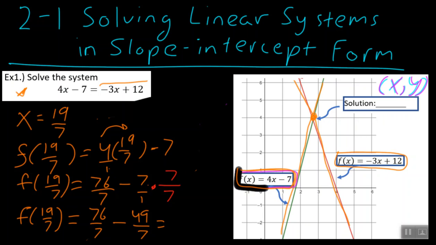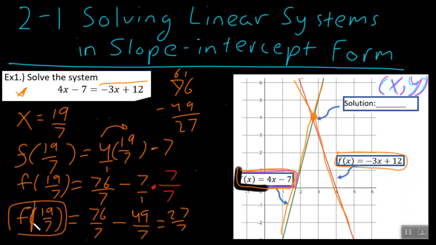And like we've been doing all day with fractions, 76 minus 49 will give us, I don't have a calculator handy, 27. And so we'll get 27 over 7. Now this is our x value right here, the 19 over 7, and this is our y value, the 27 over 7. And now we have our solution.